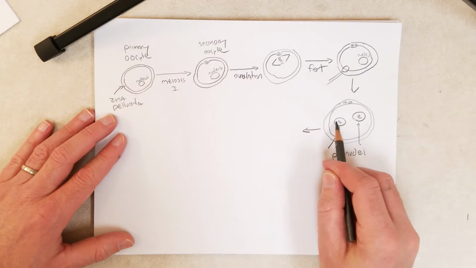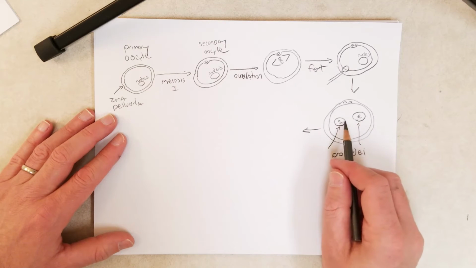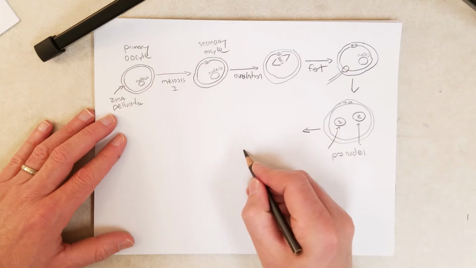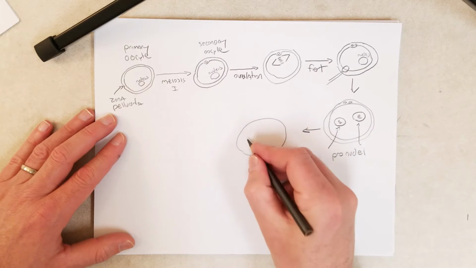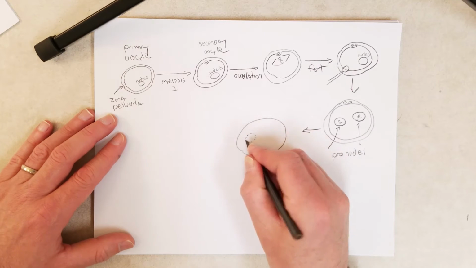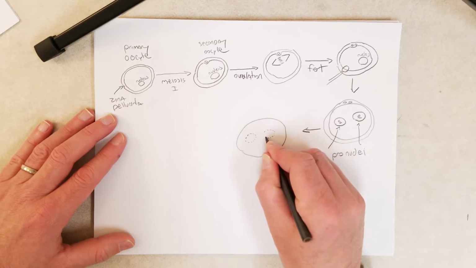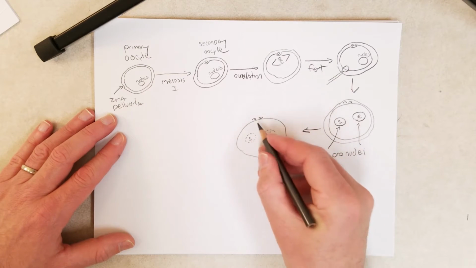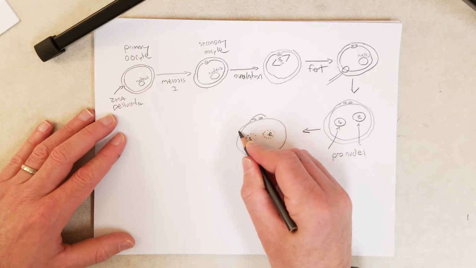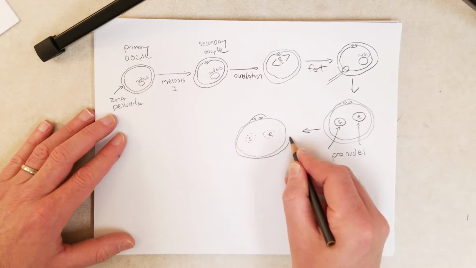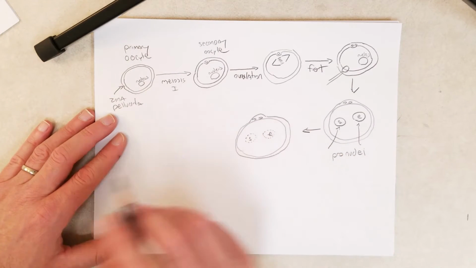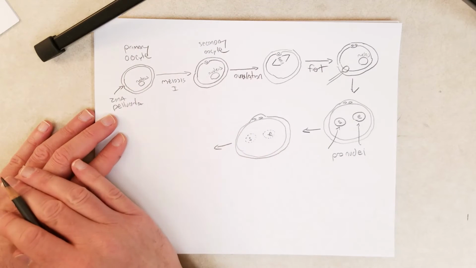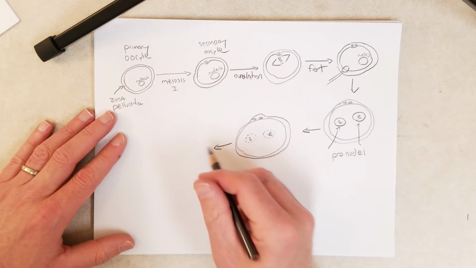But eventually, these don't fuse, but the membranes break down. I can diagram that like this by showing little dashed lines for the membranes. So the nuclear membranes break down, and the chromosomes can mix, which is important because they need to align now.